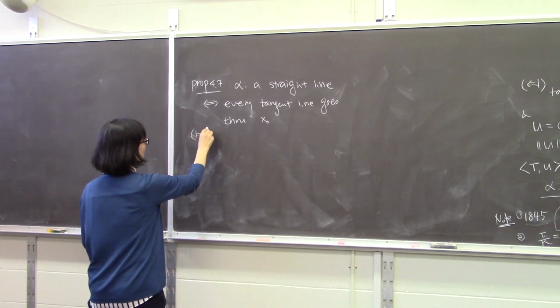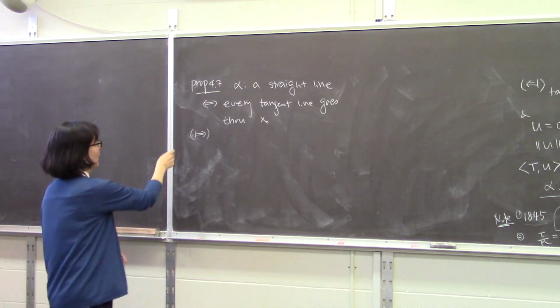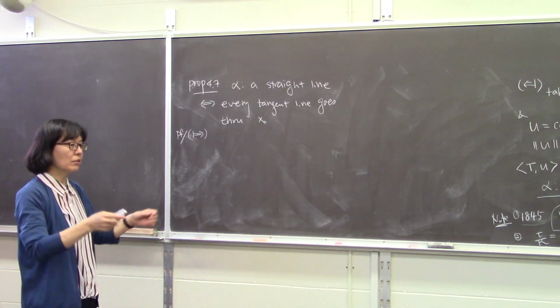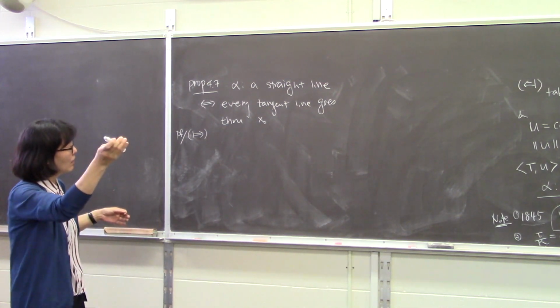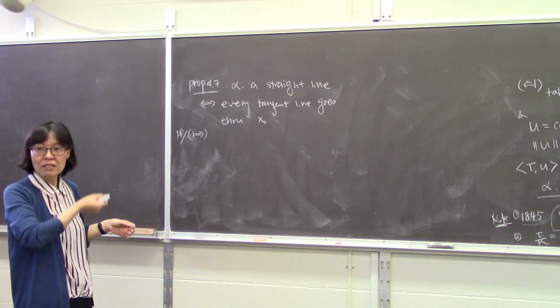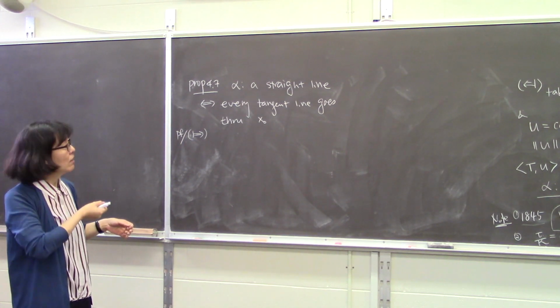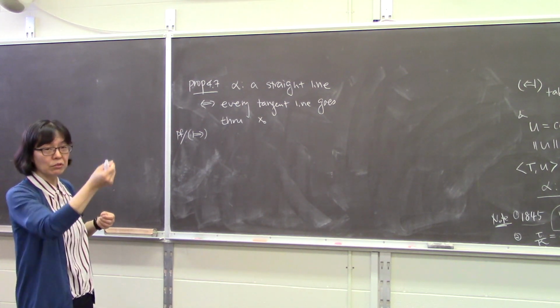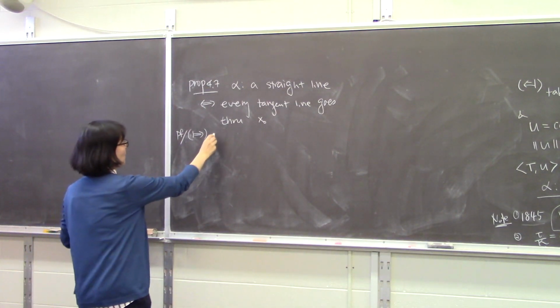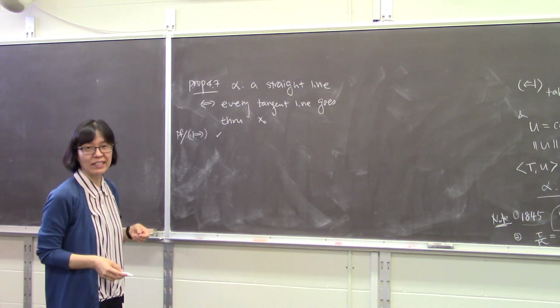So this proof is very straightforward. If a curve is a straight line, then the tangent line to the straight line is the same line itself, right? So every tangent line goes through any point on the line. So this is obvious.